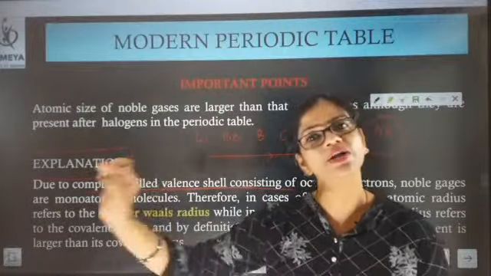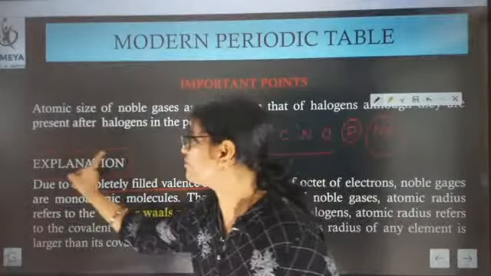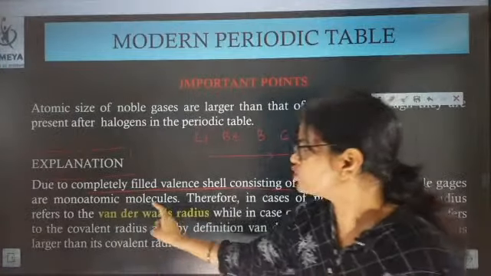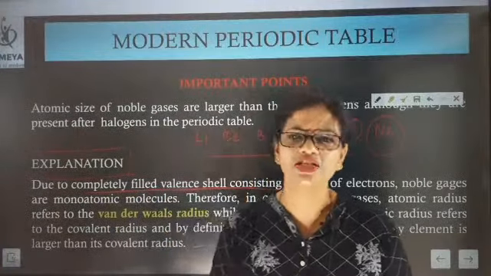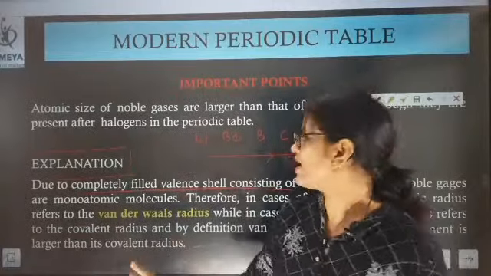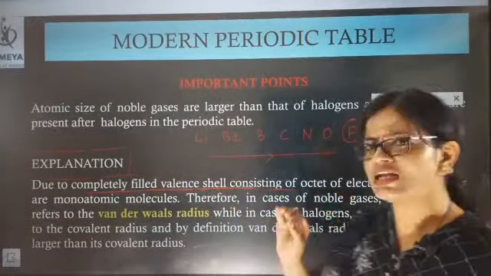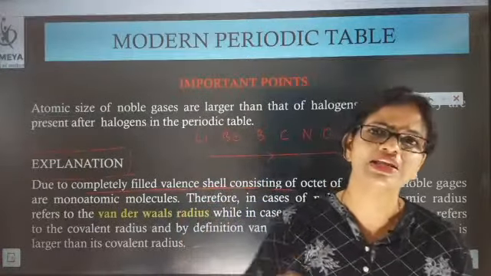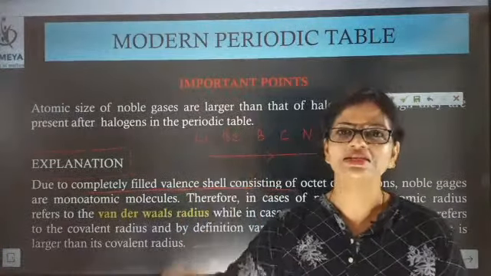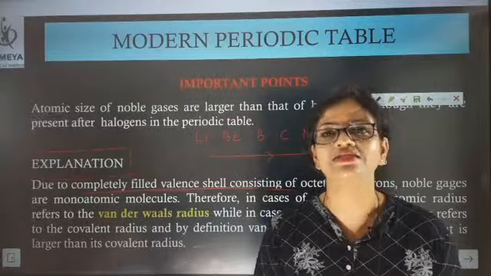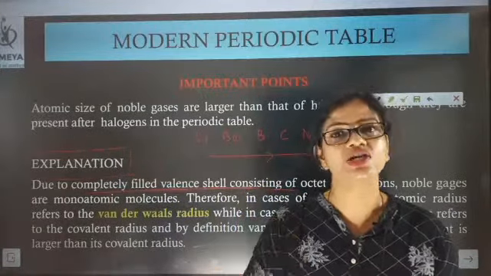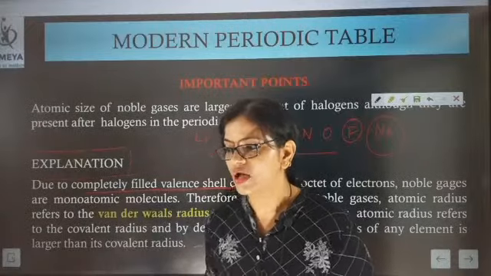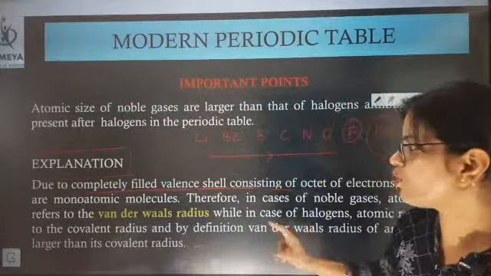The most important points are why I have written this explanation, so that when you write it in the examination, you should underline the key points: the octet rule is satisfied, valence shells are completely filled, noble gases are monoatomic gases, and they can exist in nature in free state. These are the most important points you have to write.